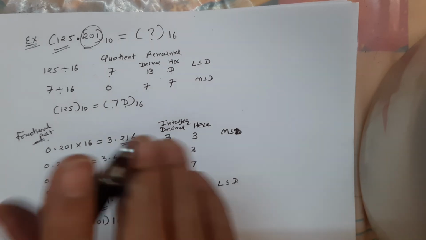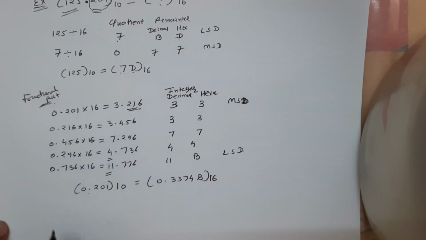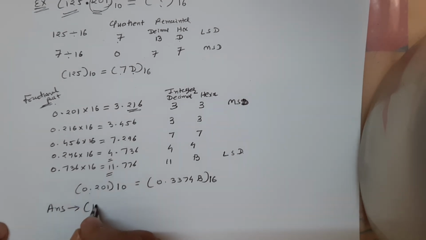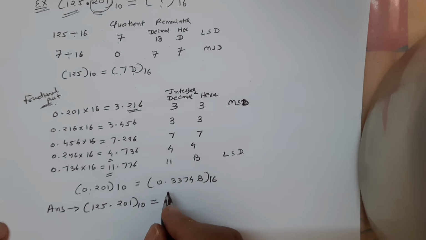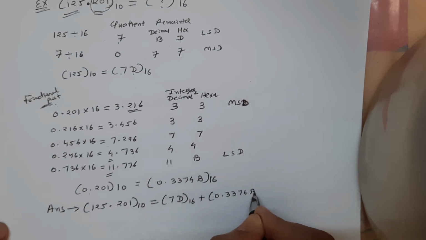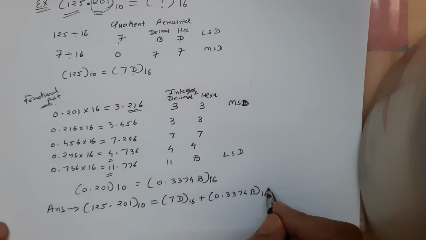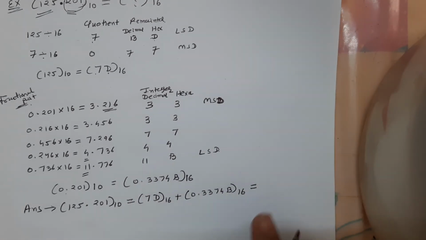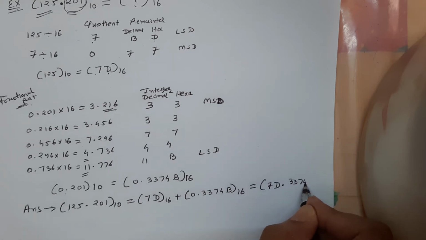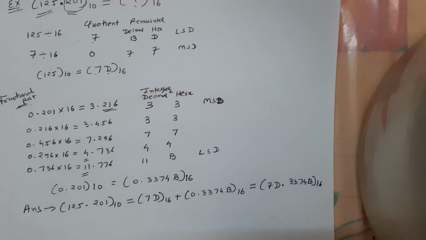Right? So the answer of this sum is, 125.201 decimal is equal to 7D base 16 plus 0.3374B base 16, and this is equal to 7D.3374B hexadecimal.